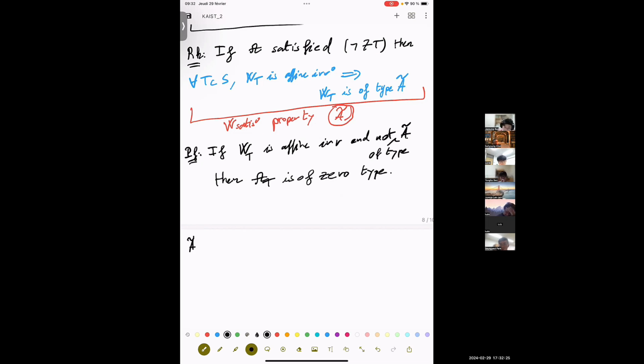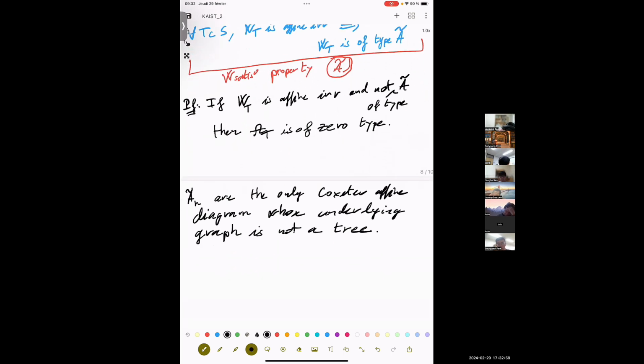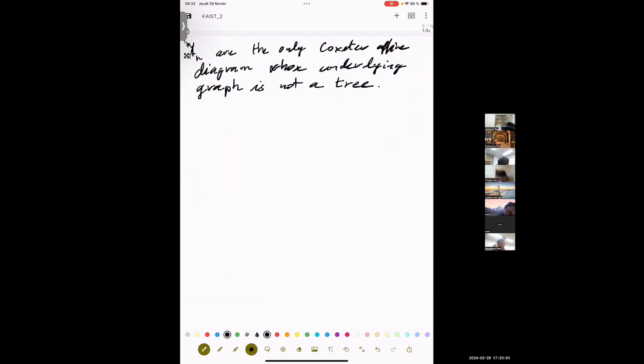The family of A tilde N are the only Coxeter affine diagrams whose underlying graph is not a tree. So that's the only one that we can deform.